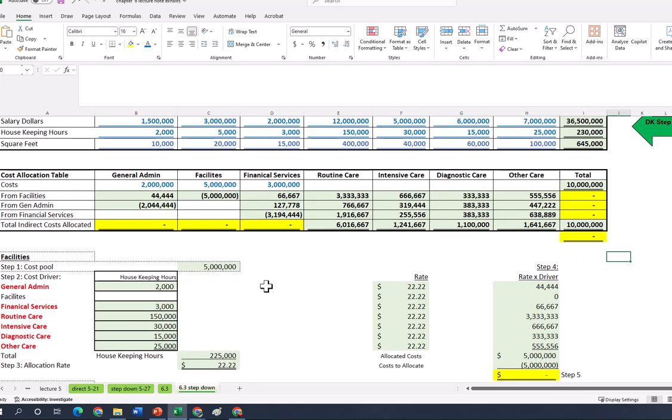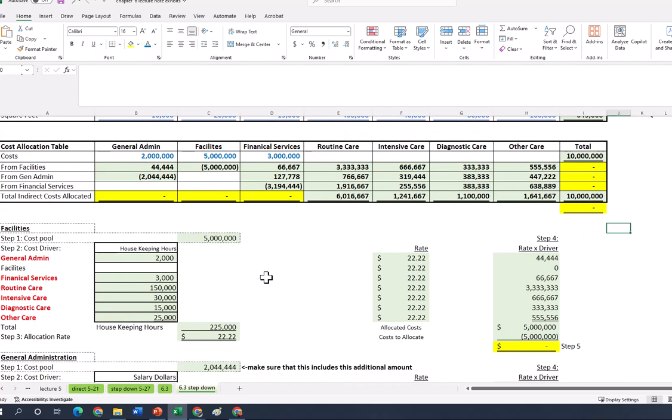Now, here's the part that most people, when I'm given this as assignment, miss. General administration, its cost pool now is not 2 million, but it's the 2 million plus the 44,000 that it picked up from facilities.